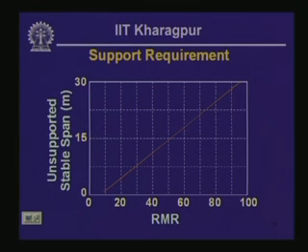What you can see is that as the rock mass rating increases, a larger length can be left unsupported without any necessity to provide particular support in order to stabilize the rock mass. That illustrates one of the applications of rock mass rating that we considered some time back.